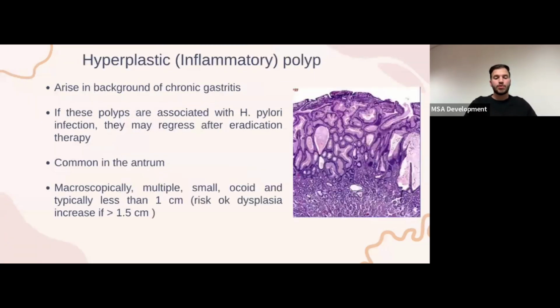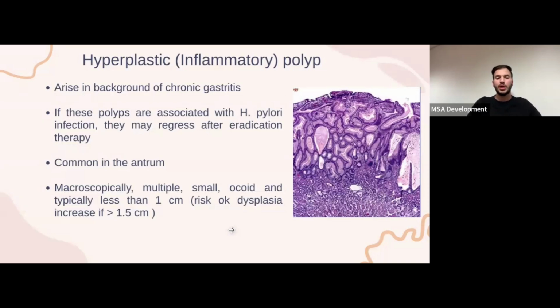Okay. For the hyperplastic or inflammatory polyp, this immediately connects it to H. pylori. As you can see, the chronic gastritis is in the background of the hyperplastic polyp, which tells us that this is related to H. pylori infection. And if we check for H. pylori and treat it, those polyps may regress after the eradication.